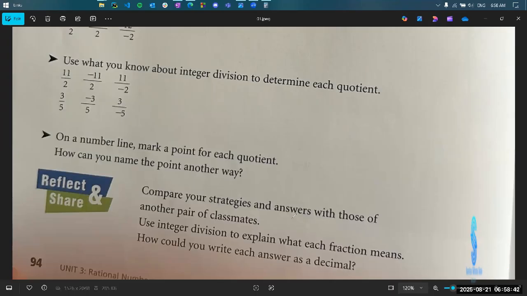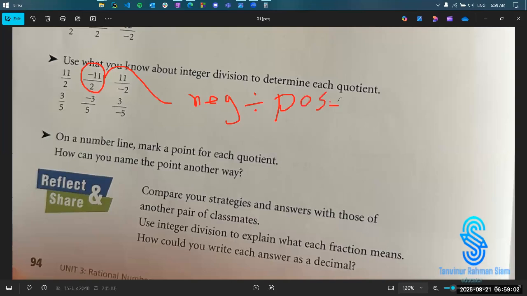Okay, the answer is, suppose while solving this particular question, you are saying, sir, I will use some sign rules. Sir, I will say that a negative number divided by a positive number will provide a negative number. And then, sir, I will write minus 11 by 2, and then I will write minus, what was it?